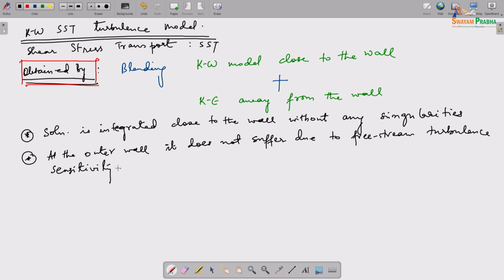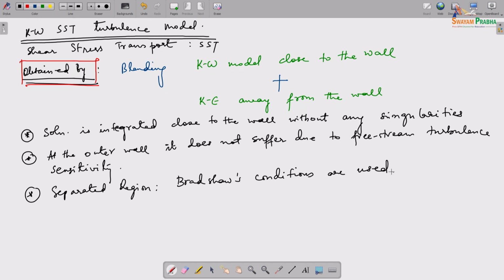Along with this, in the separated region, Bradshaw's conditions are used.